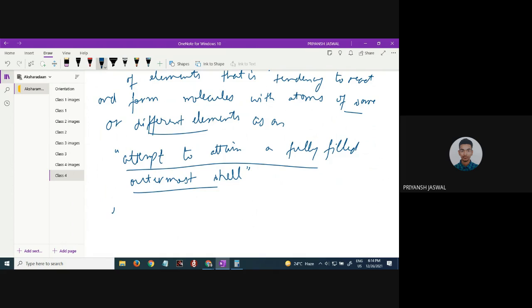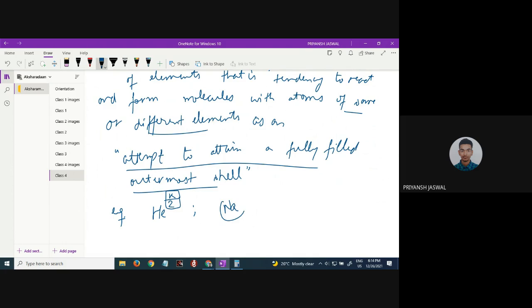For example, what does this statement mean? Say for helium, there are two electrons in the K shell. So it is already stable and has very little chemical activity. It does not form any compound, or hardly forms any complex compounds. But say sodium.